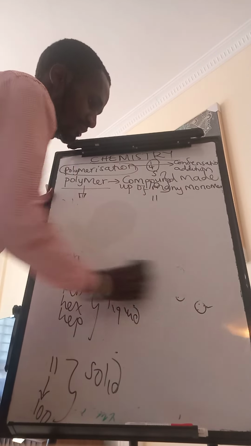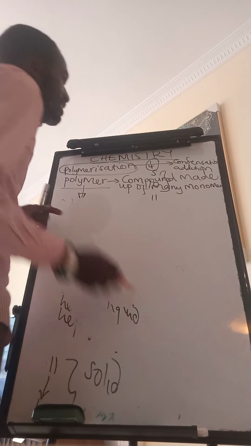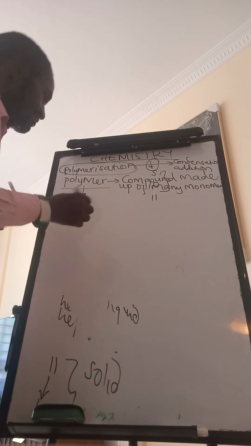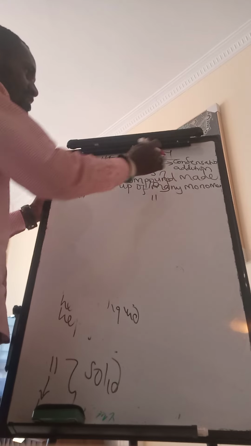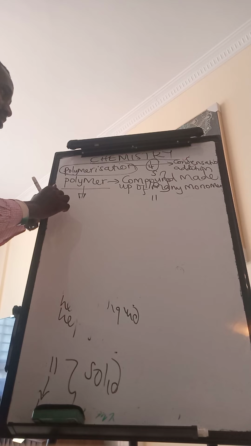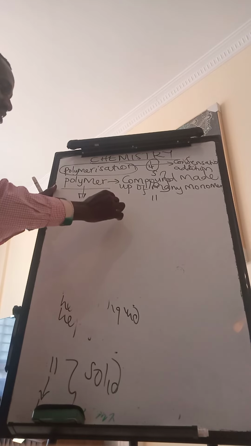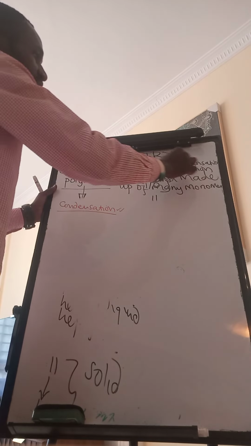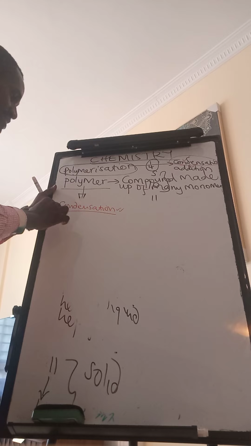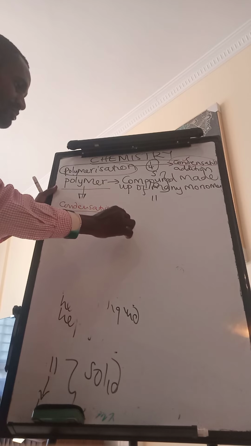Number one, with condensation polymerization, I can give a practical example. If I want to have these explained, I will say condensation will involve, number one, picking the monomers. So monomer 1 plus monomer 2.